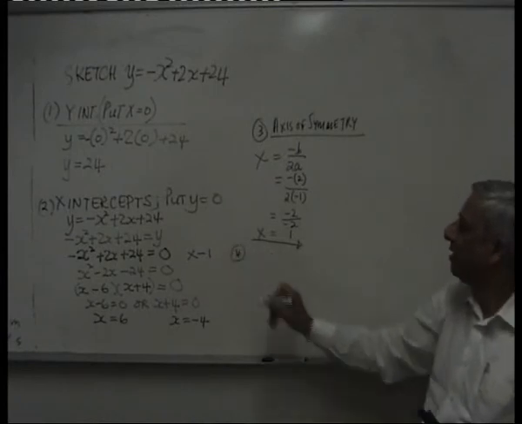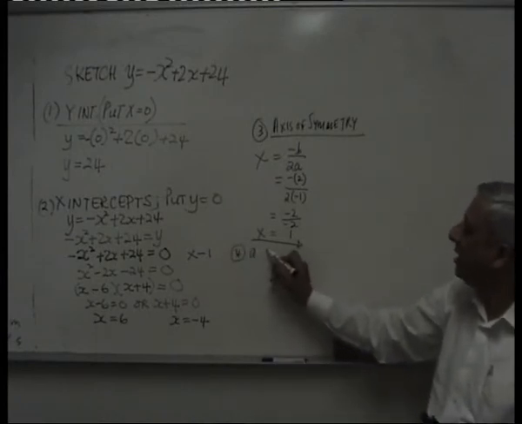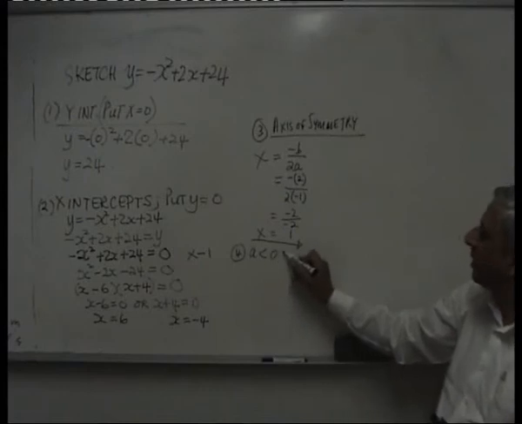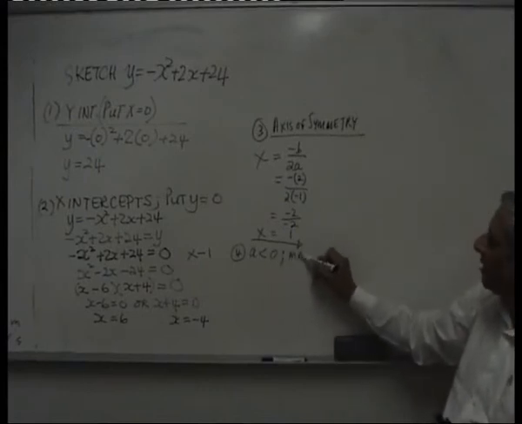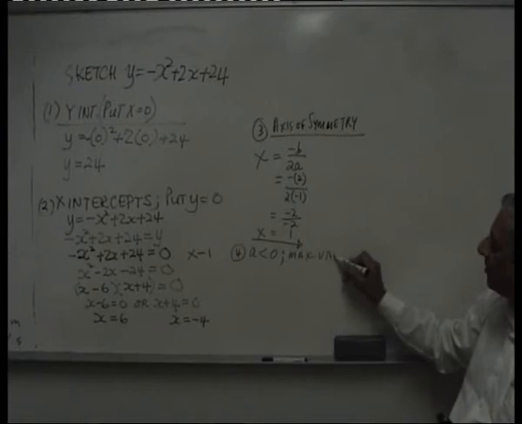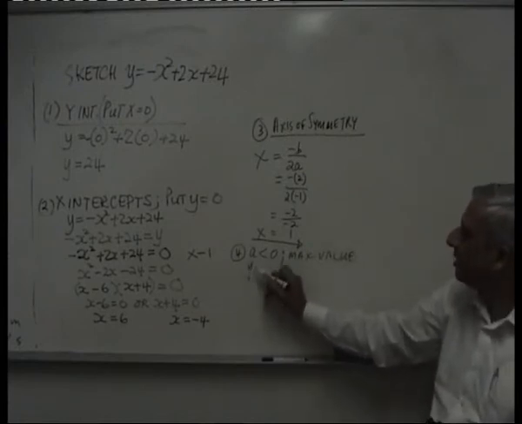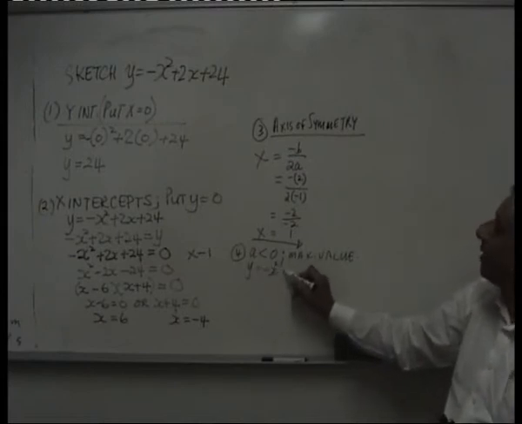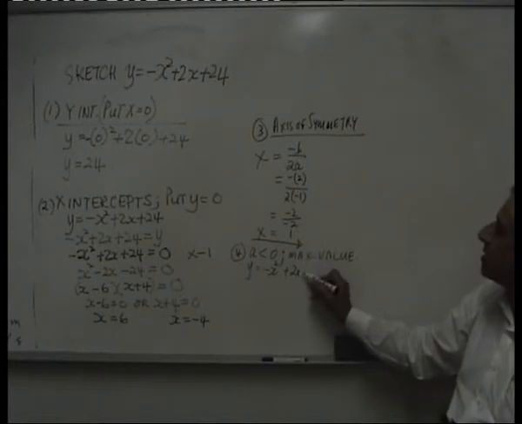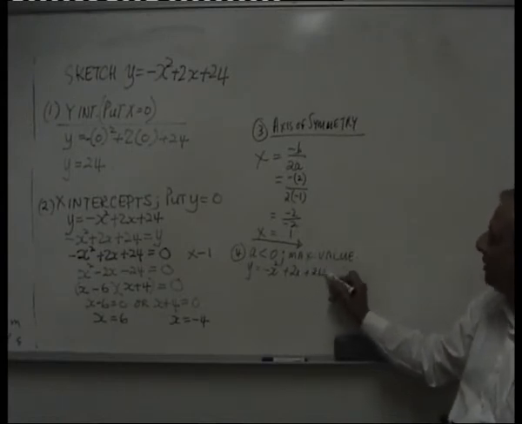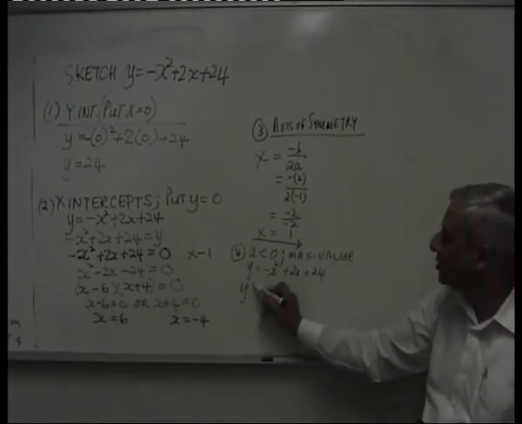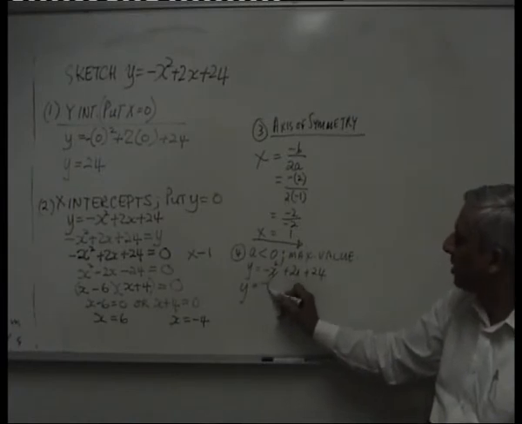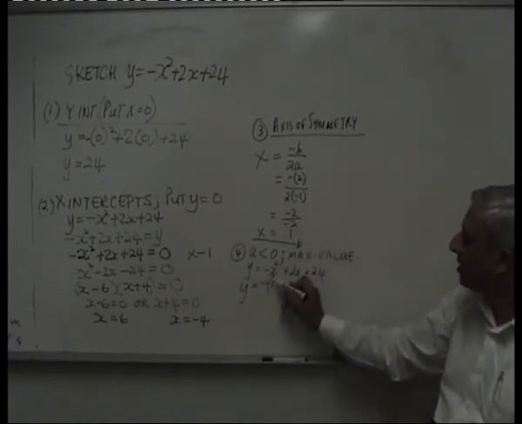And then finally, because a is negative, you are now going to find a maximum value. And how do you find the maximum value? You take that equation, the original equation, minus x squared plus 2x plus 24, and into it you substitute the axis of symmetry.